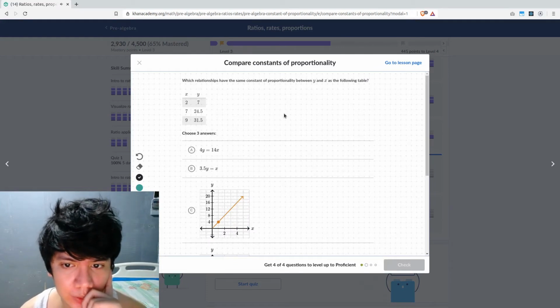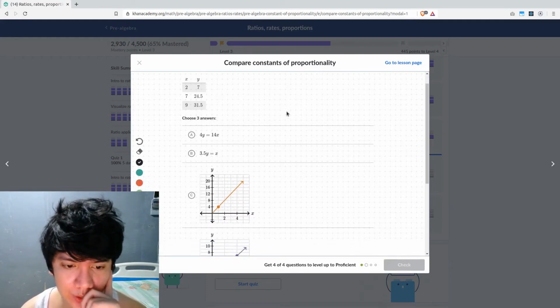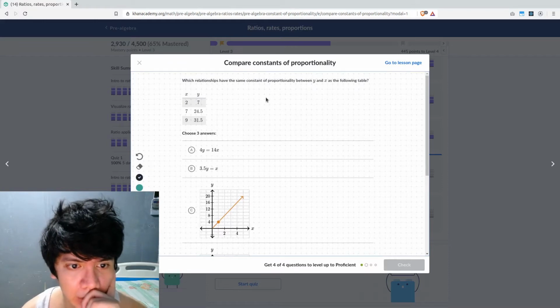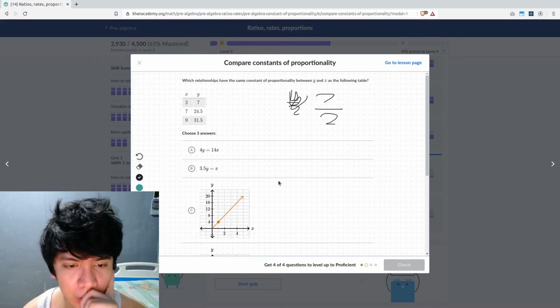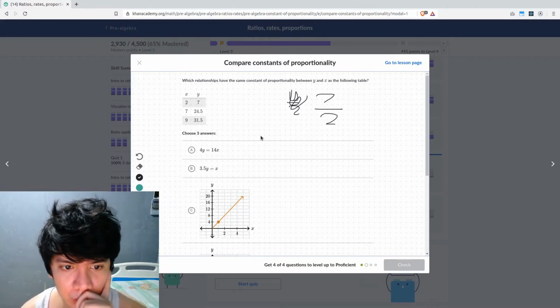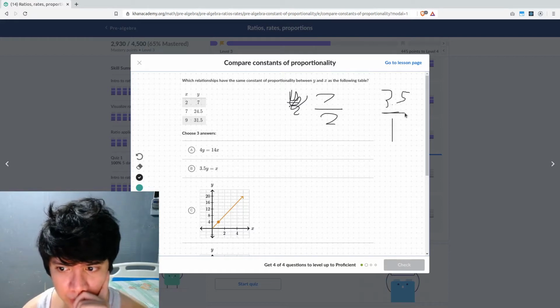We have the same question between y and x as following instead. Okay. So for y, we have 7, 2, or 3/5 for each one. So 4, 7, 14.